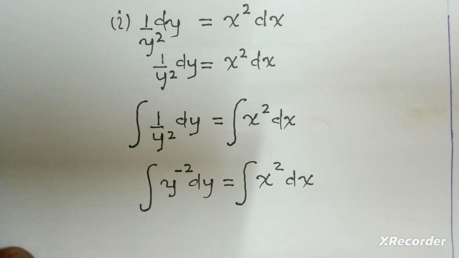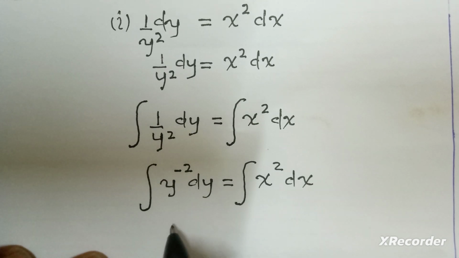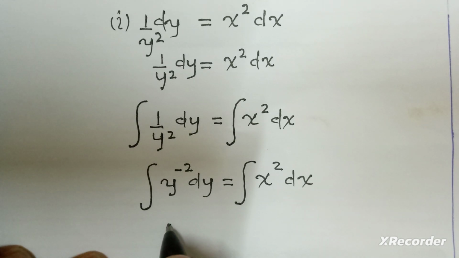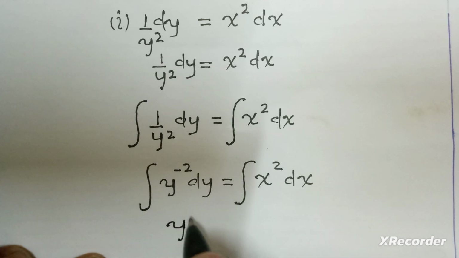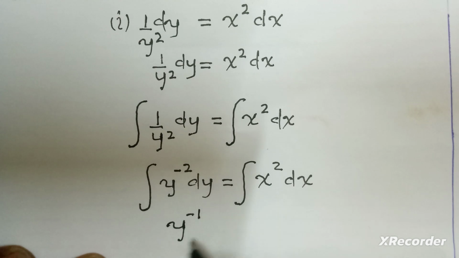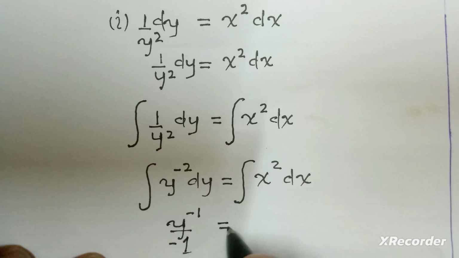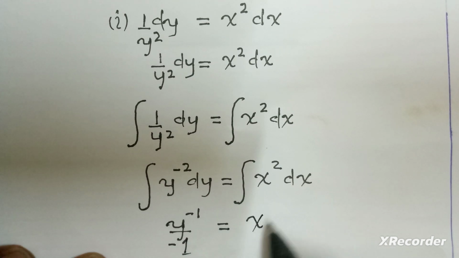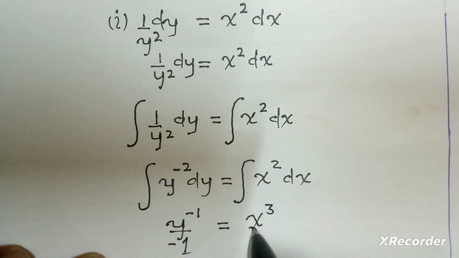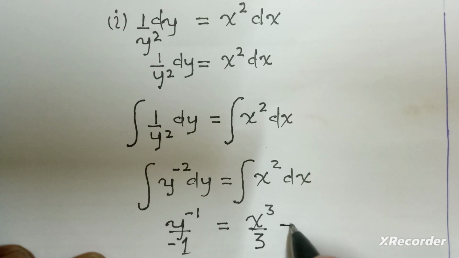So finally guys, when we integrate that one, we shall have y raised to -2 plus 1, which is -1, all over -1. This one gives us x cubed all over 3 plus c.